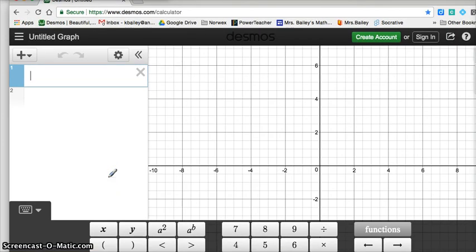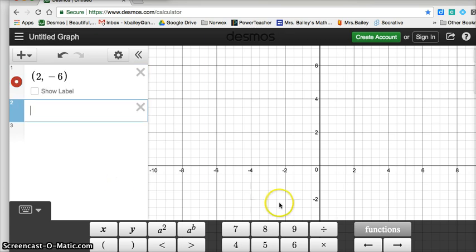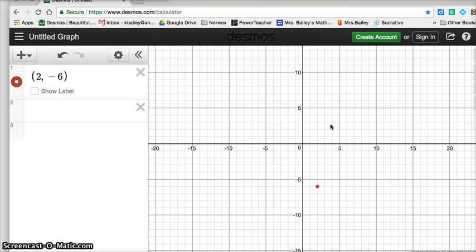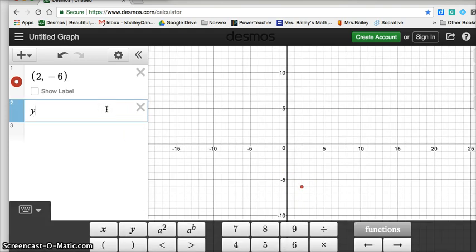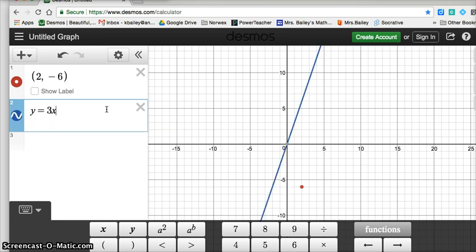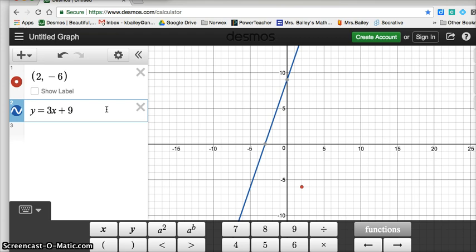So we have the point (2, -6). Let's see, where is it? There it is. See it down here in red? And we have the line y equals 3x plus 9. If you notice, we have the line in blue and we have the point in red.